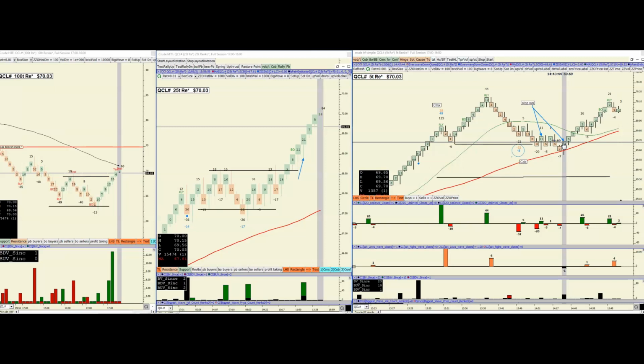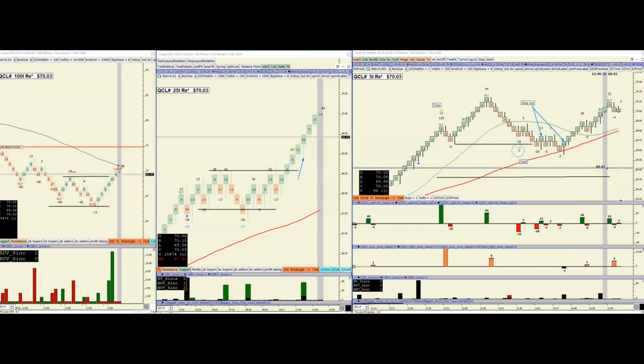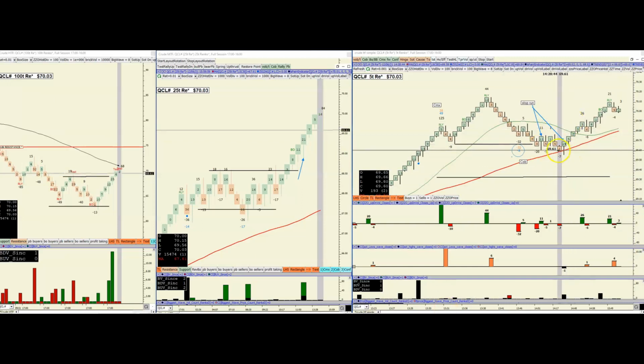If the stops are run, the volume has to increase. So stops will run. Okay.